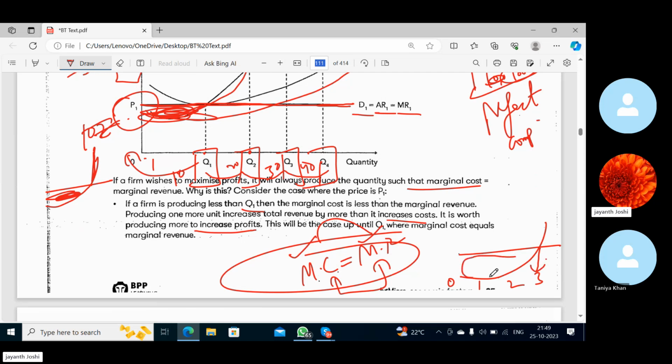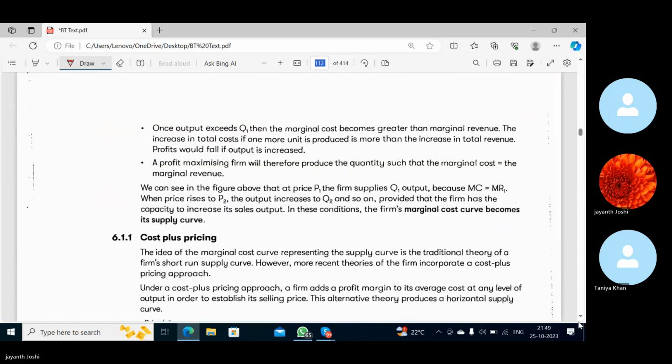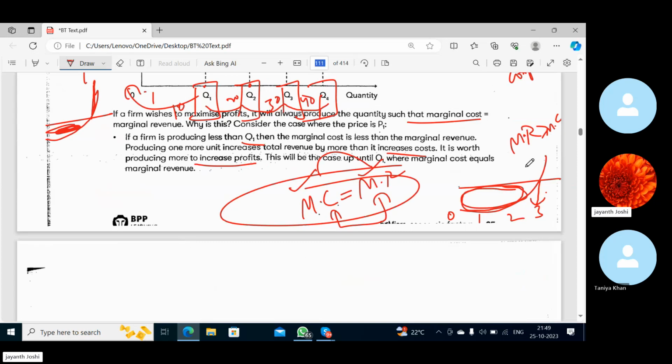So till here, if I produce 1 or 2 units, I am always in profits, right? Because my marginal revenue is more than my marginal cost. Until here, I have the scope. Till here, because both the curves are touching.